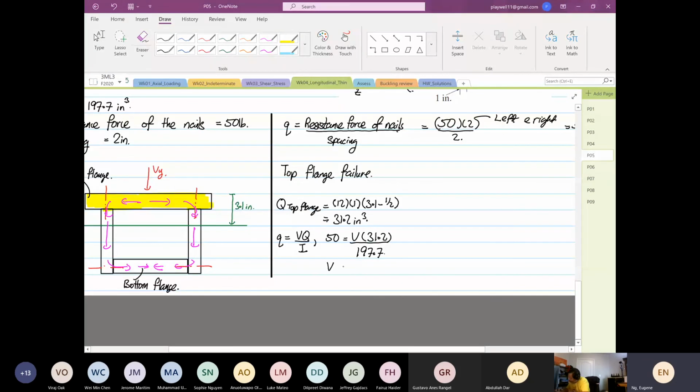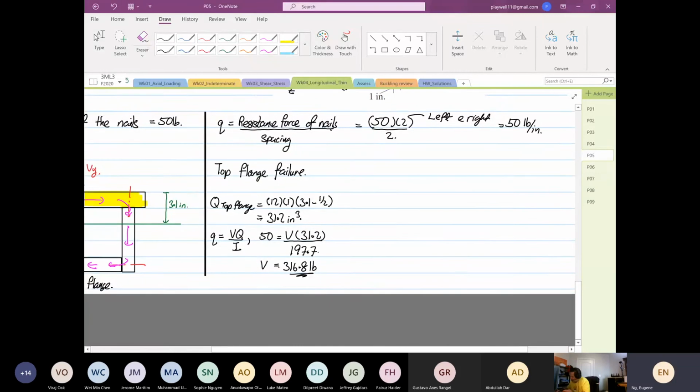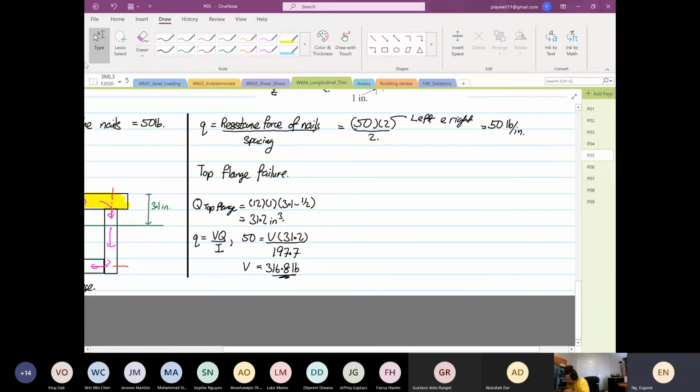So the V based on top flange failure is 50 times 197.7 divided by 31.2. So it is equal to 316.8 pounds.